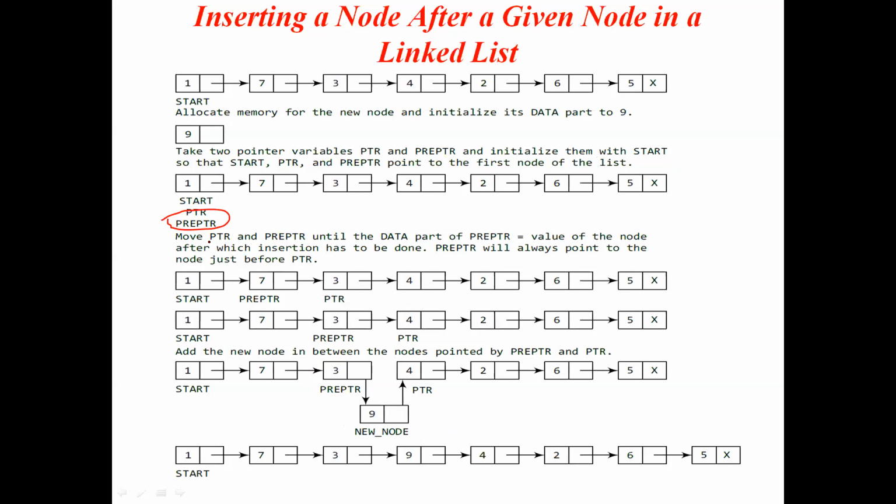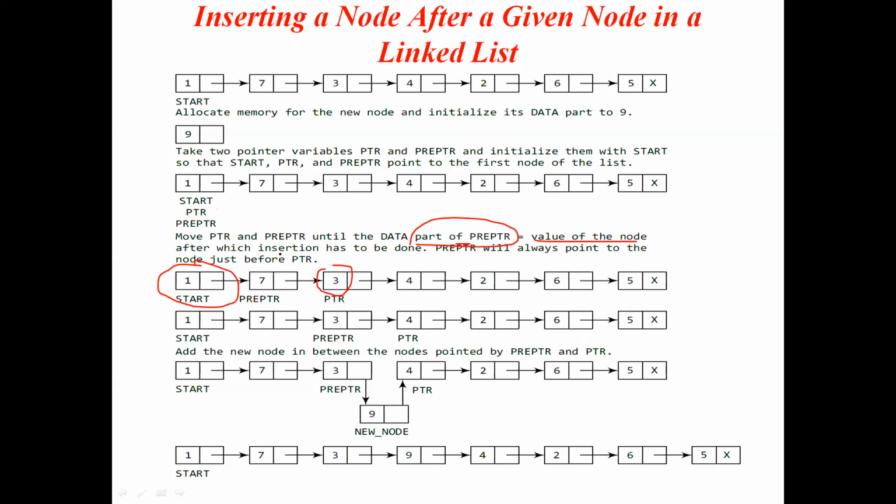Next, then move the pointer. I will start from here, for example. Then I have to iterate each and every node until I find the data part as 3. Until I find the data part as 3, I will keep on iterating the nodes. So the data part of pre-pointer is equal to the value of the node after which insertion has to be done.